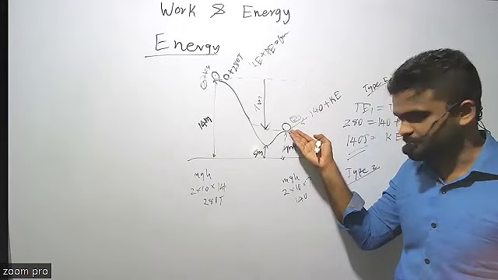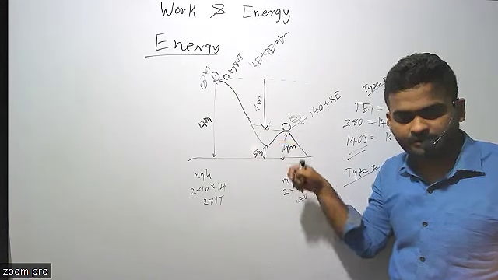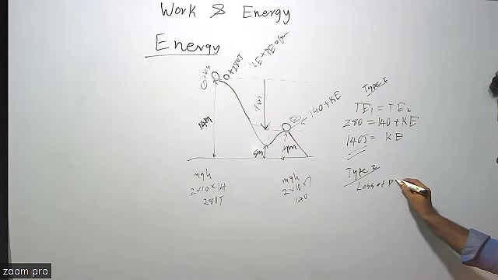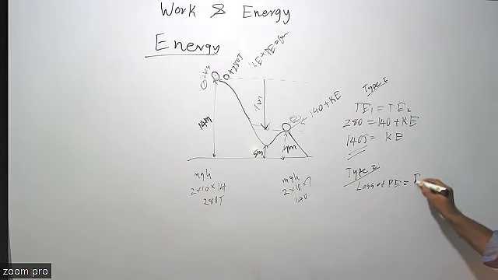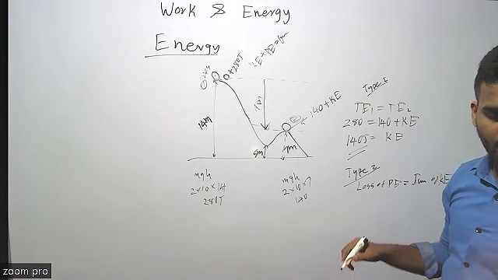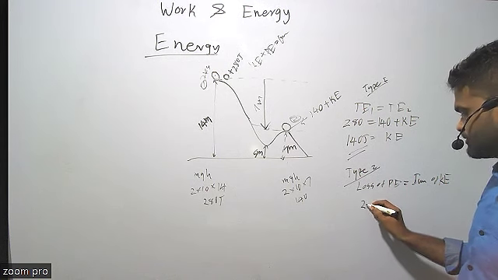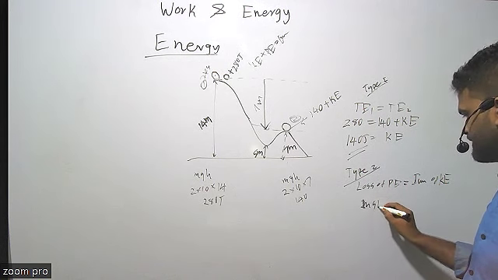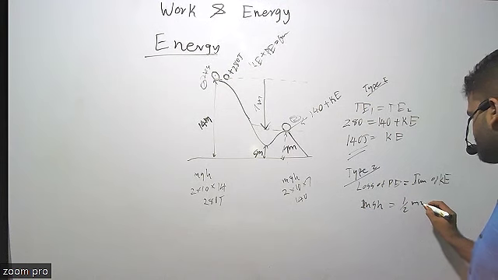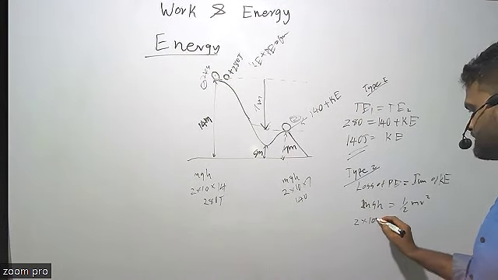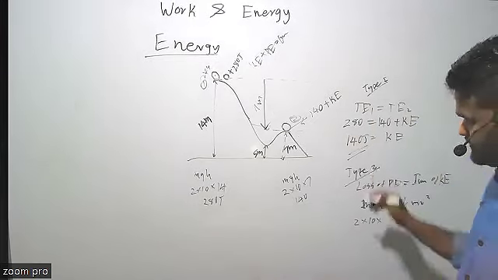So that should be converted into kinetic energy here. So loss of PE is equal to increase of KE. So loss of PE, that is mgh equals half mv squared. So mass is 2, 10, loss is 7.